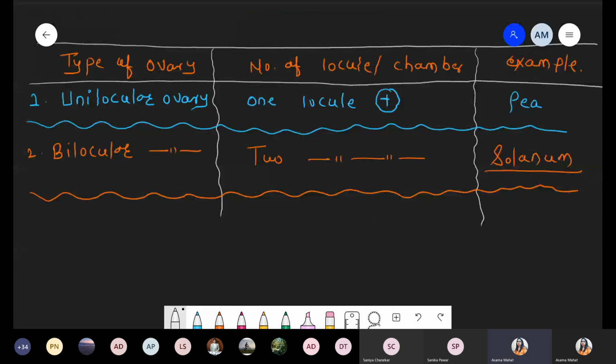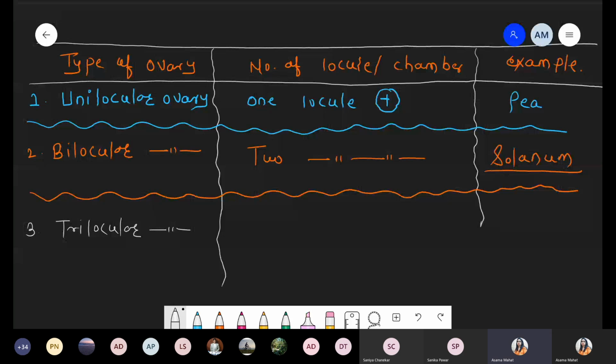Third one: if 3 chambers are present, that is called a trilocular ovary. What is the meaning of tri? It means that a total of 3 locules are present, and such a condition is very common in asparagus.